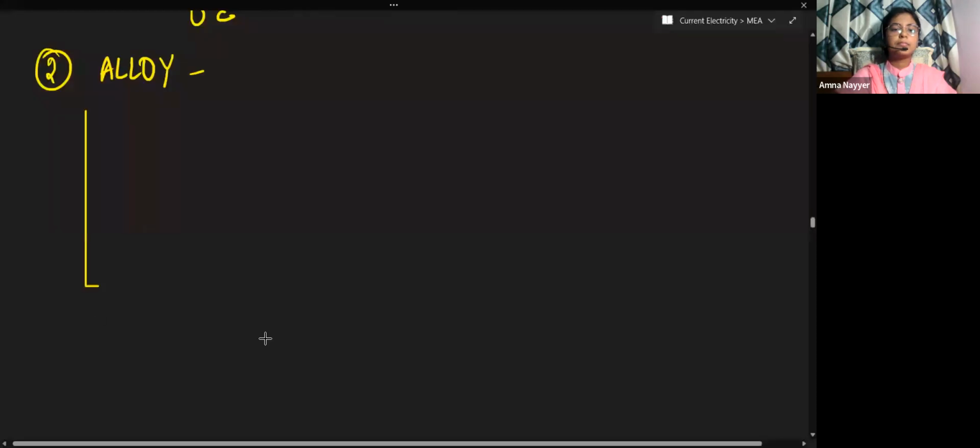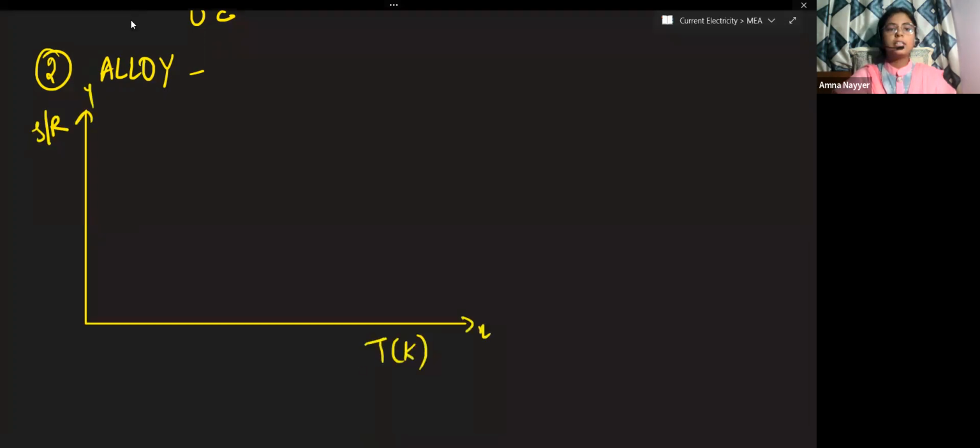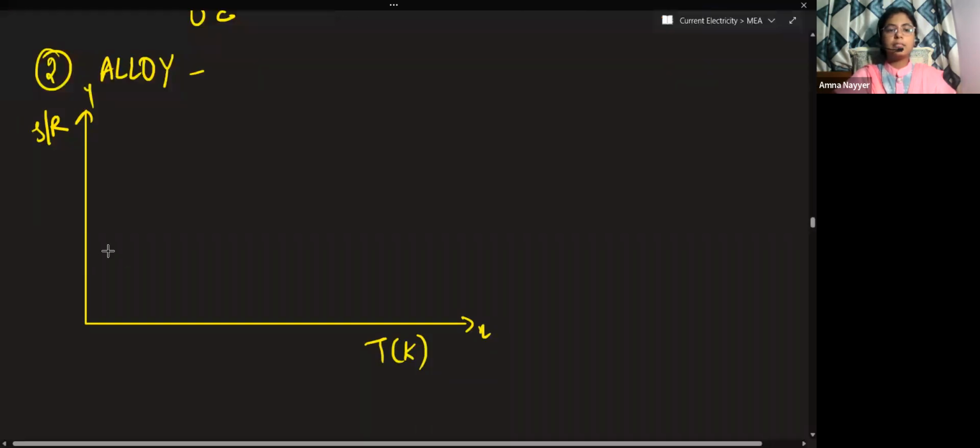Now, if you have alloys, then the variation of resistance and resistivity is the same, means it increases. It's just that in case of alloys, the resistance and resistivity increase with temperature, but the variation is very small. If I plot the graph, with resistance and resistivity on the y-axis and temperature in Kelvin on the x-axis, I'll get the graph in this manner. Very slight variation.